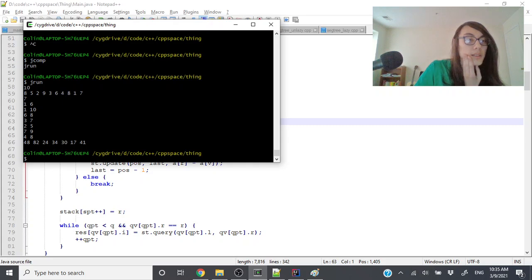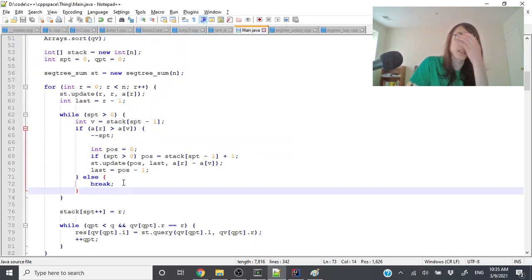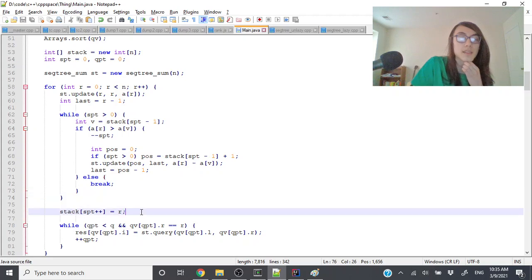So 9, 2 6s, 21, then 2 of those. Wait, 9 plus 6 plus 6, 21. No, 9 plus 4 8s, which is 41. Okay. Actually, an easier thing to do is just to test this.